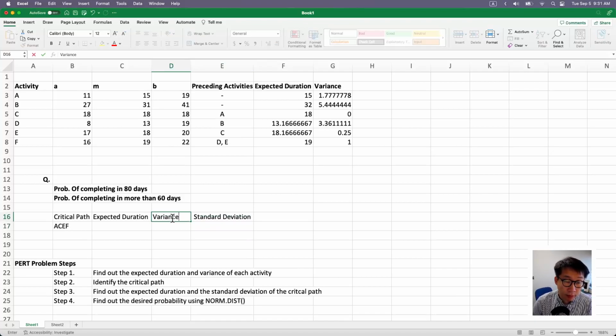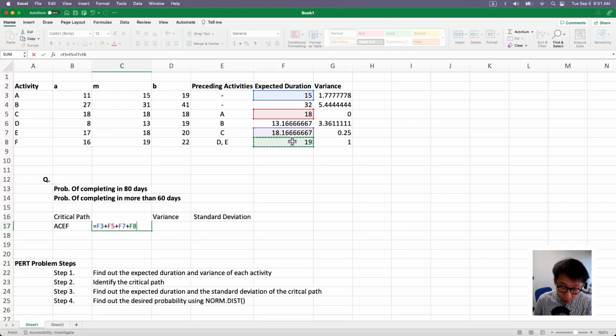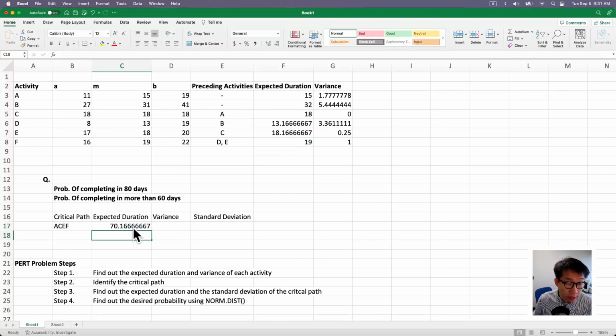You must calculate the variance before you jump to the standard deviation. For ACEF, the expected duration is the sum of the expected durations of all the activities involved. So it's going to be A, C, E, and F. That's your expected duration for the critical path.